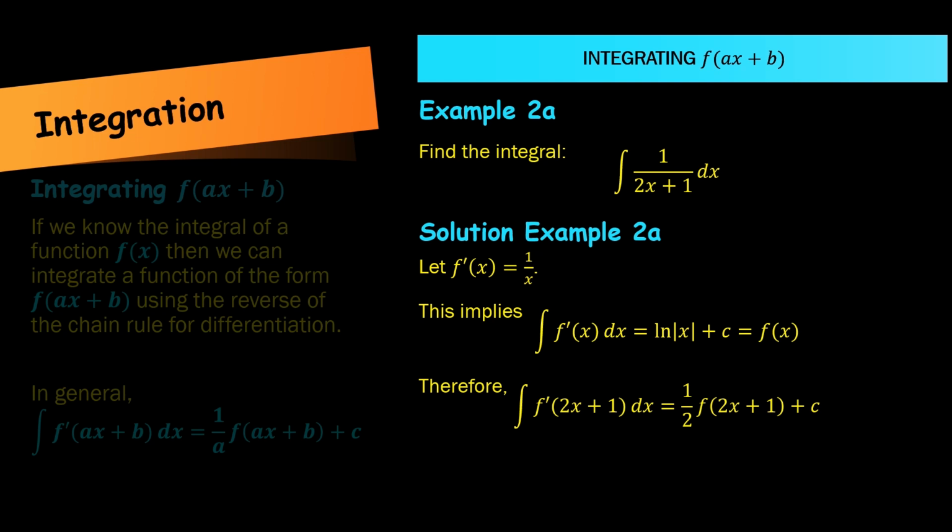And so if we apply the rule which you can see on the left-hand side of your screen to our example, as shown here, ax plus b is replaced by 2x plus 1, and a in particular is replaced by 2, we obtain that the integral of f dash of 2x plus 1 dx equals a half f of 2x plus 1 plus the constant of integration.